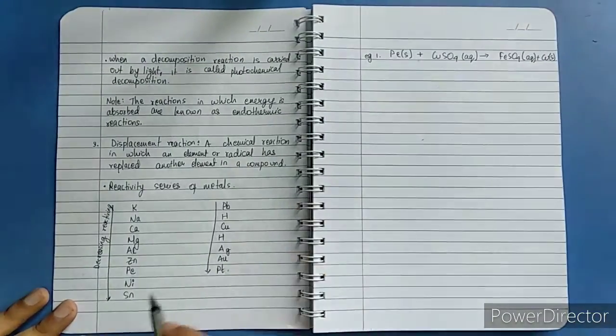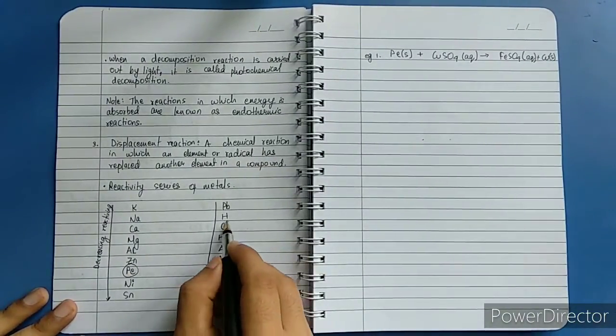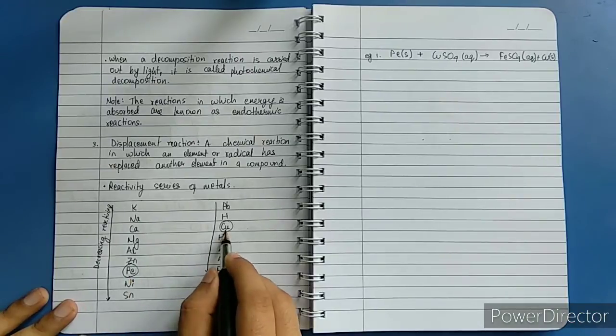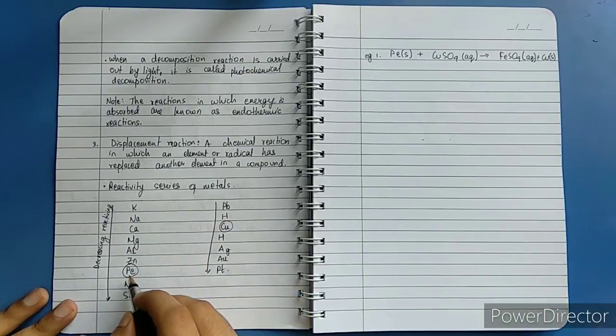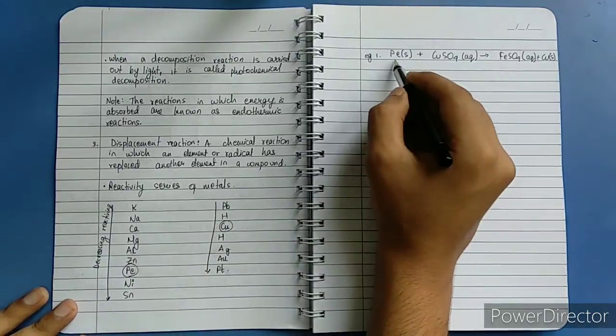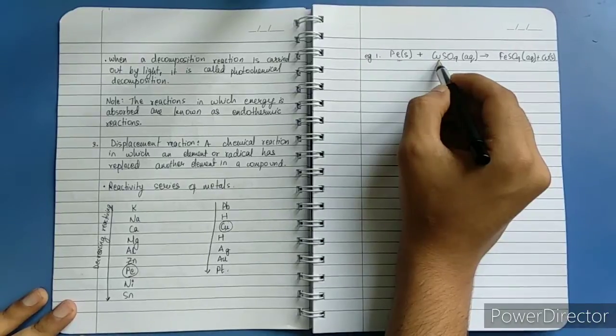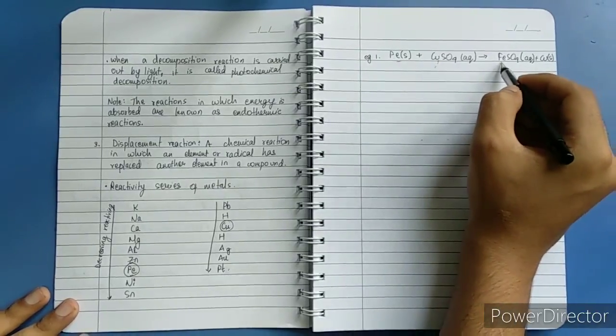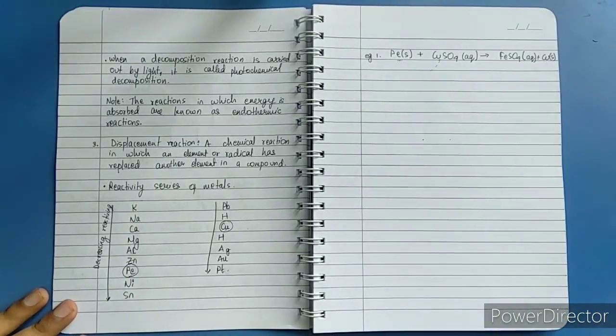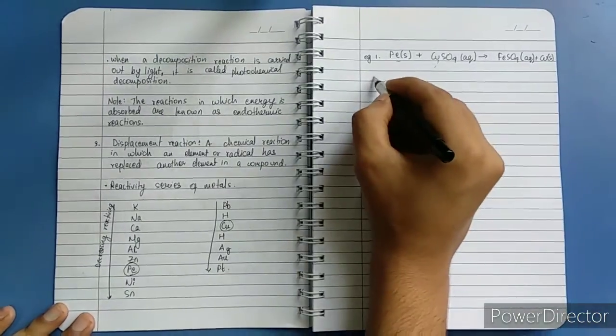Iron is above copper in the series, so iron is more reactive. As iron is more reactive than copper, iron will displace copper from its place, take copper's place, forming FeSO4, and copper will be singled out. So this is a displacement reaction.